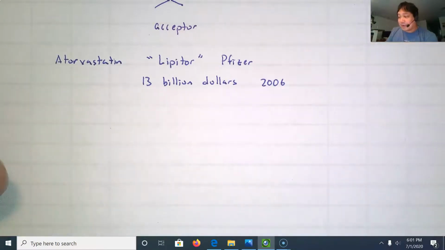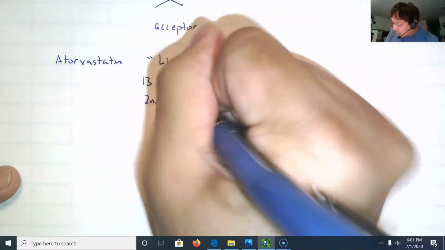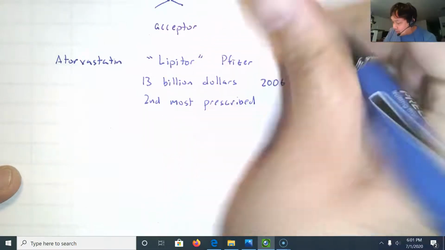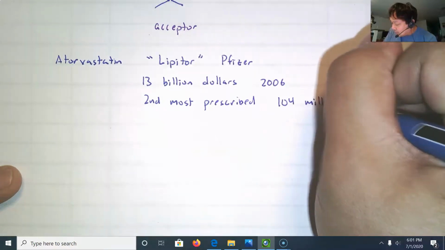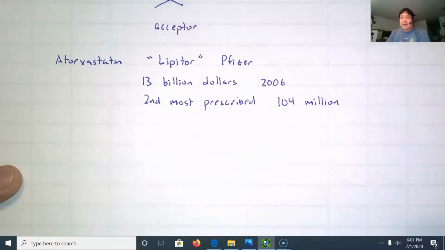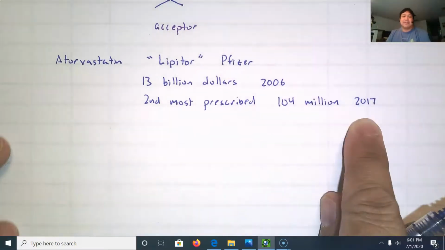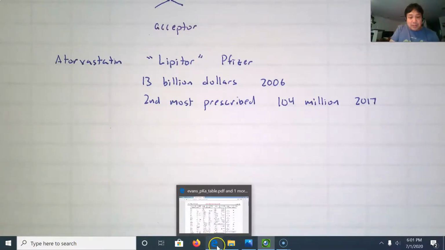But it's still very popular, even after the patent has expired, and it is the second most prescribed drug with 104 million prescriptions. Now that data was from 2017, so it was relatively recent. Why are we looking at Lipitor? Let me show you.